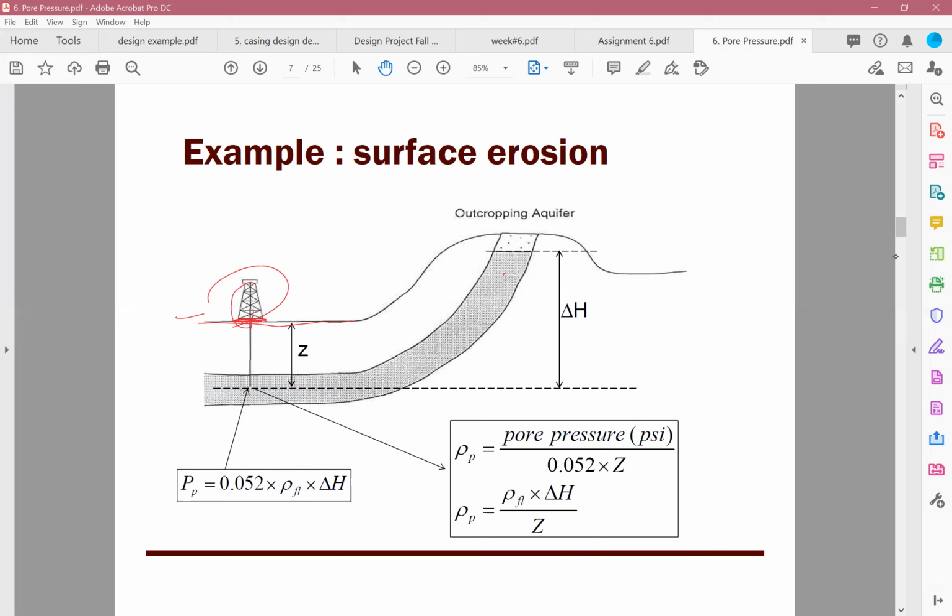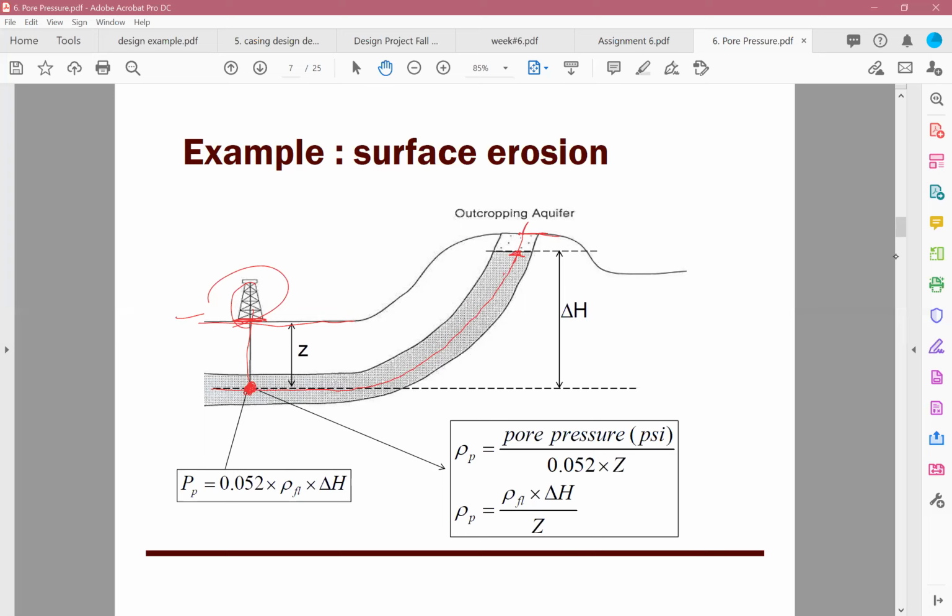You drill a wellbore, you go all the way down to the formation that you want to, let's say, drill through. And that formation is, let's say, an aquifer. Aquifer is a formation that has water in it, almost 100%. We call it aquifer. And that formation actually continues all the way in this direction, all the way here, and that is connected to the surface somehow, right?